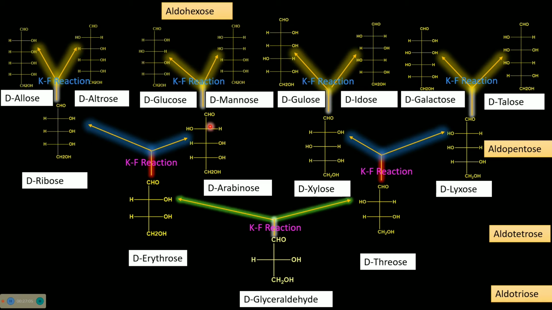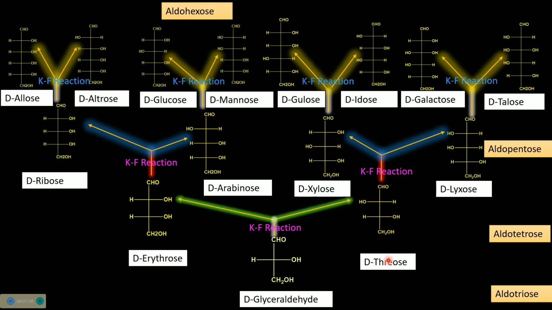See, there are three chiral centers, but the bottom two chiral centers, 1 2, are the same in the two products, but the topmost chiral center is different in stereochemistry in these two products. So that's why D-ribose and D-arabinose are C2 epimeric in nature. They differ only with respect to C2 stereochemistry.